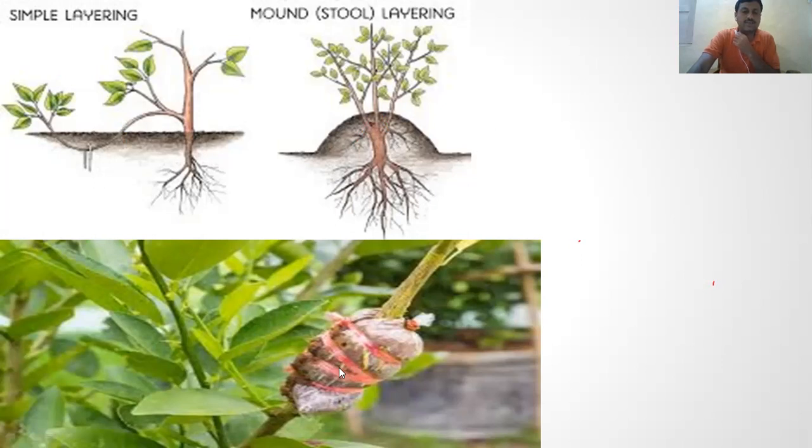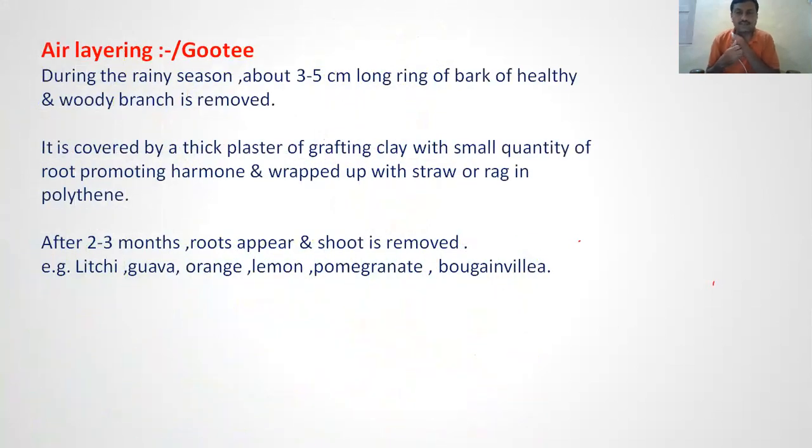Then next, air layering. It is also known as gutti. During the rainy season, a 3 to 5 centimeter long ring of bark of a healthy, woody branch is removed. Only 3 to 5 centimeters.